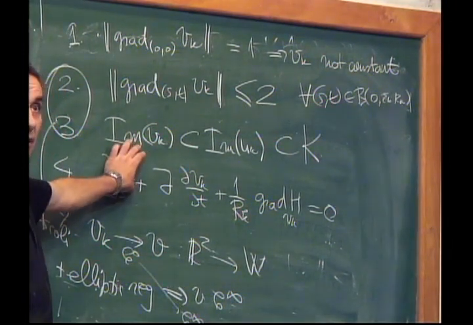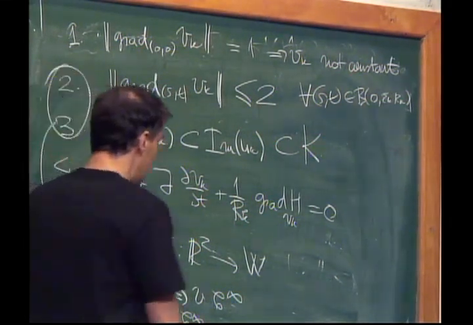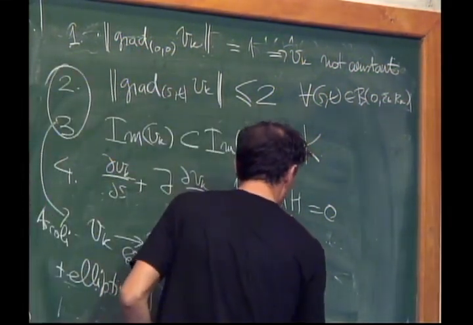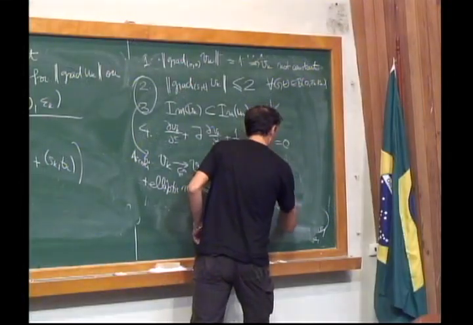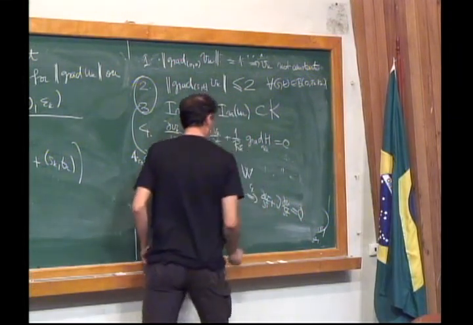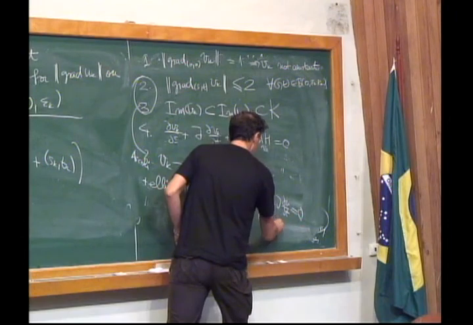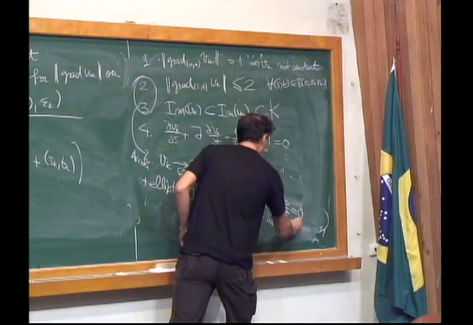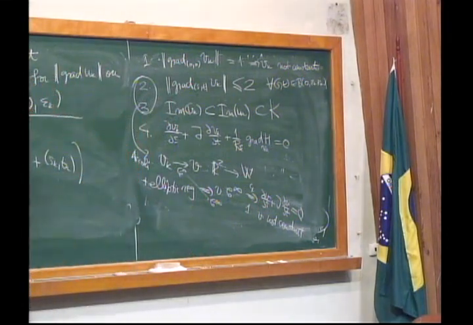And here, what you see is that when K goes to infinity, actually this V is holomorphic. Okay? And then 1 tells you that V is not constant. Okay? So you got this V.